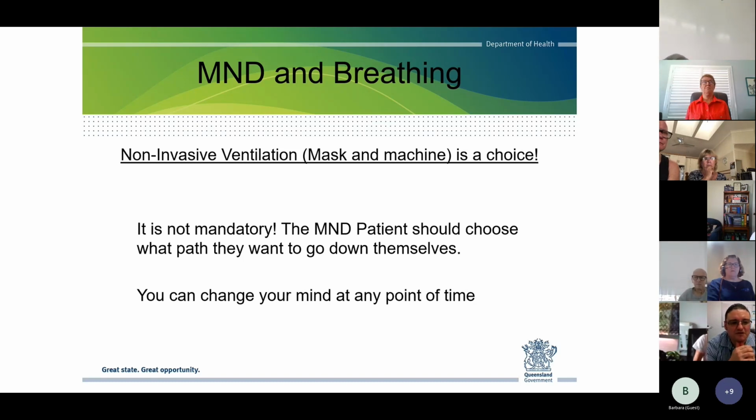I don't want people to feel pressured into using the mask machine. I find I have the best results when I talk to my patients face to face and say, this is your call, this is your path, whatever you want to do, you're in control here. Unfortunately, when the voice goes with bulbar onset, I find people don't communicate with the patient and start talking over them, and I'll stop that.